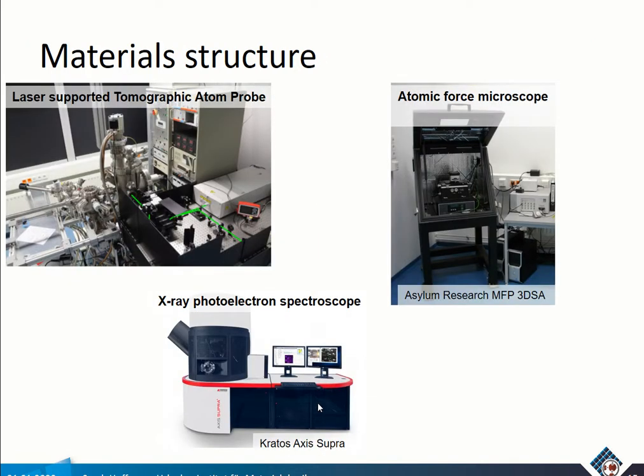The next thing we have here in the Institute of Materials Physics is a laser-supported tomographic atom probe. So you shine a laser on your sample that has to be in the shape of a tip. You can cut that down with an FIB system. We have actually two here in the institute for cutting our samples, for example.